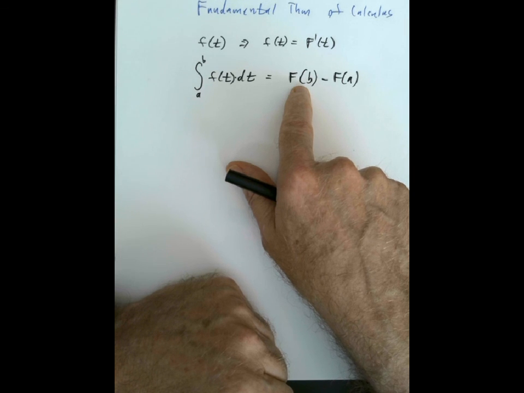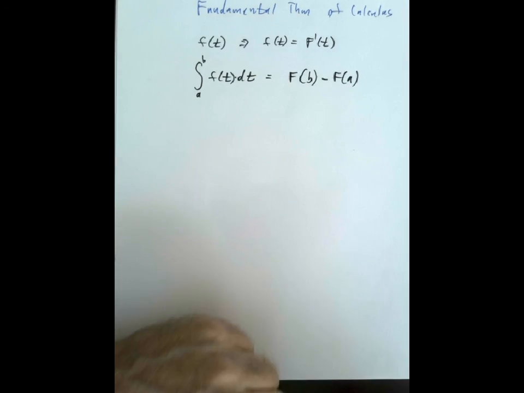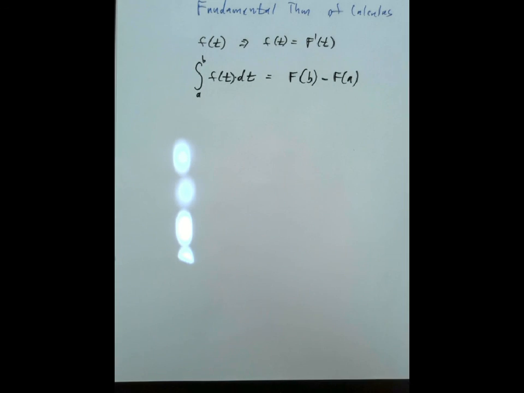Minus capital F of a. Okay? So that's our derivation for the fundamental theorem of calculus. Later on, we will learn some formulas to actually calculate the antiderivatives. But for now, like we did with derivatives, we're going to focus on what it all means.